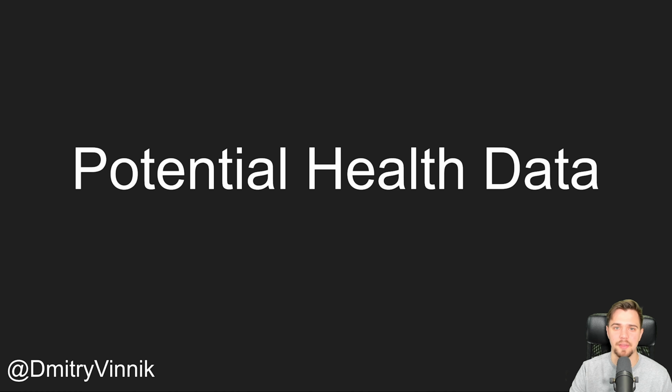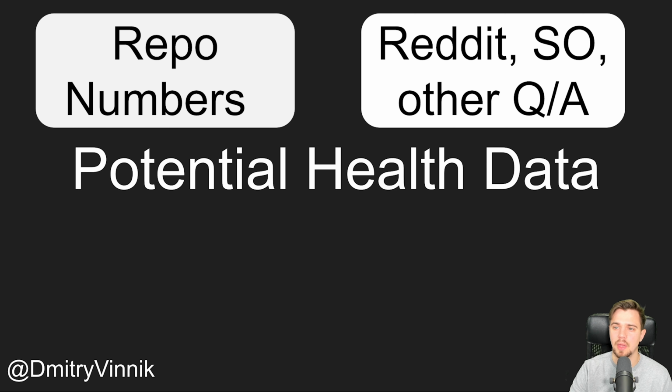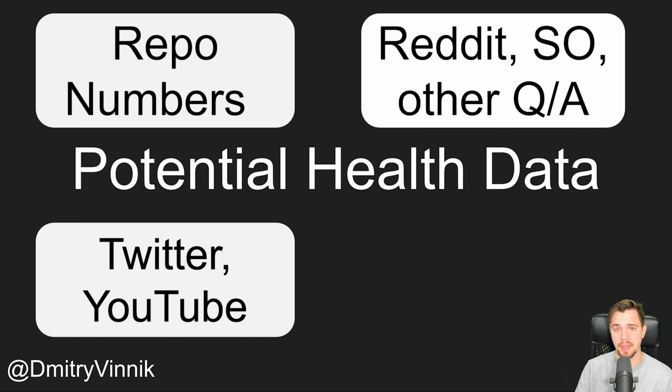There are potential health metrics like repo numbers, whether it's stars, watchers, or forks on the GitHub or GitLab repository. There are forums like Reddit, Stack Overflow, or other Q&A chats where you can collect sentiment analysis or just see how many questions people ask and how interactive people are. Twitter and YouTube are other areas where people can talk to each other, as are Slack or Discord.